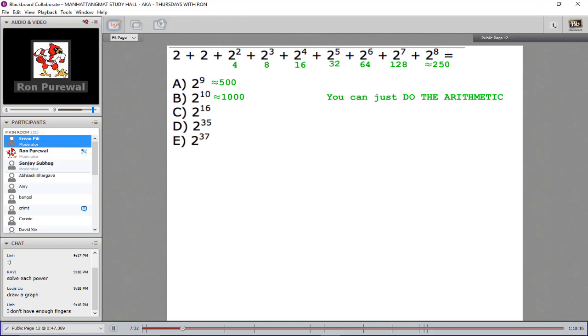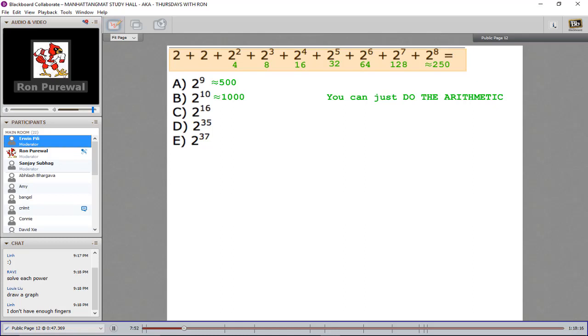And guys, look how big these numbers are now. A lot of people pick C. In fact, as many people pick C as the correct answer, and then we also have people picking D and E. But look at these numbers. These numbers aren't that big.